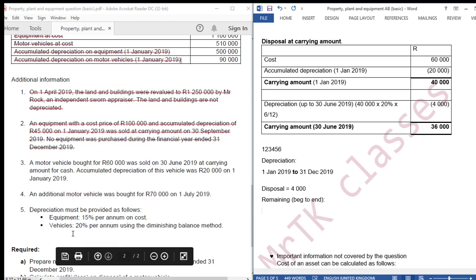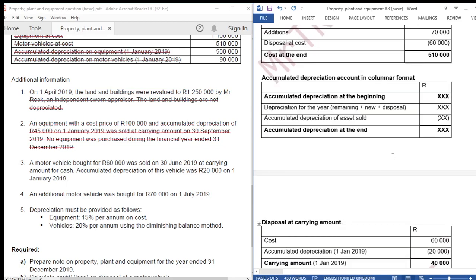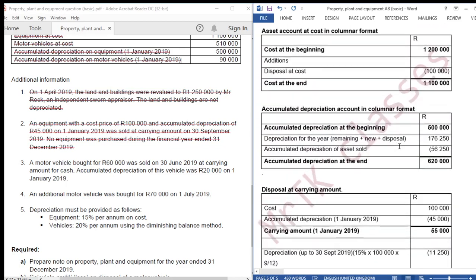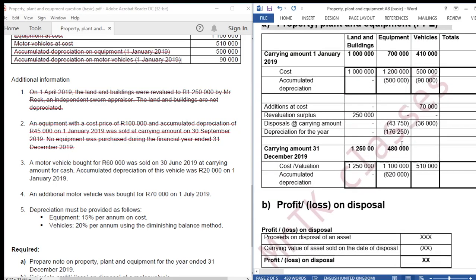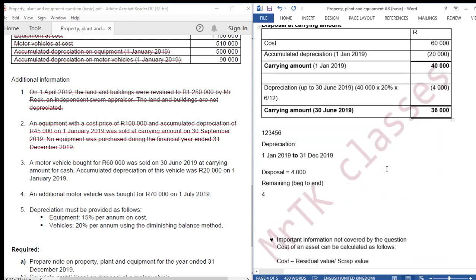Since for vehicles we are calculating depreciation using the diminishing balance method, which states that we should calculate depreciation on carrying amount, we should get the carrying amount at the beginning for the motor vehicles that were there until the end of the year. Let us double check. Yes, 410,000.